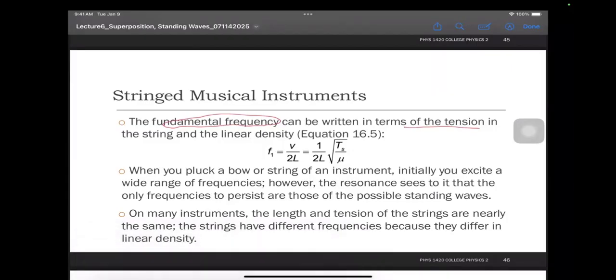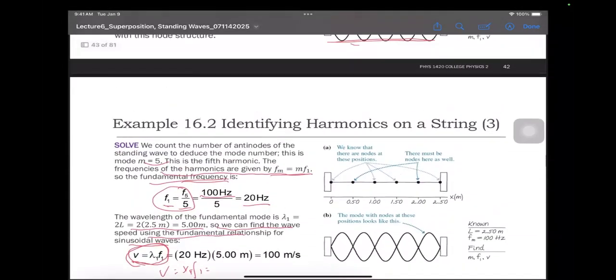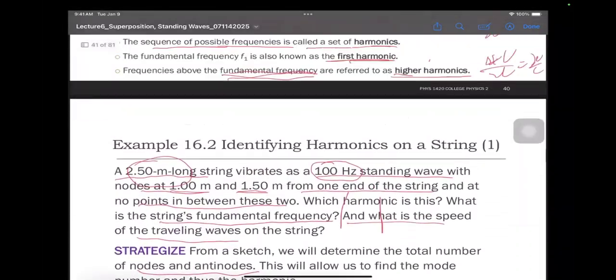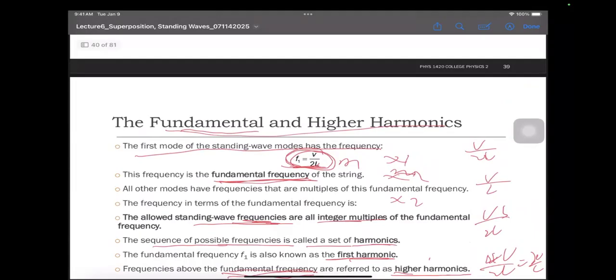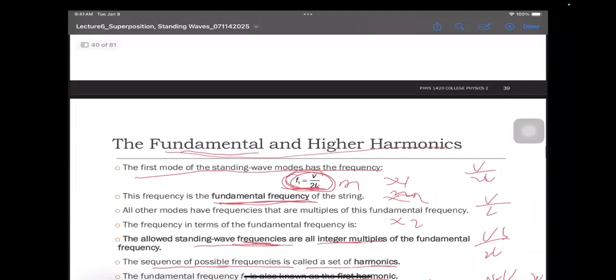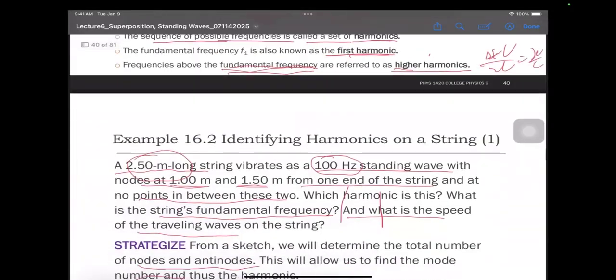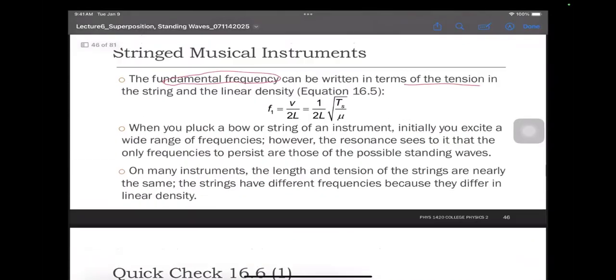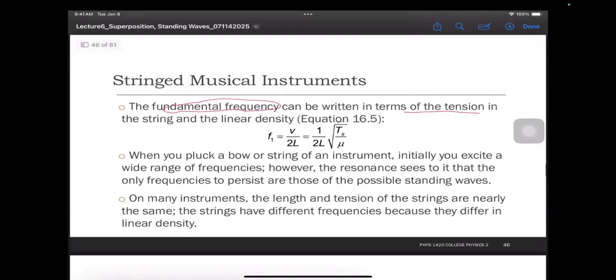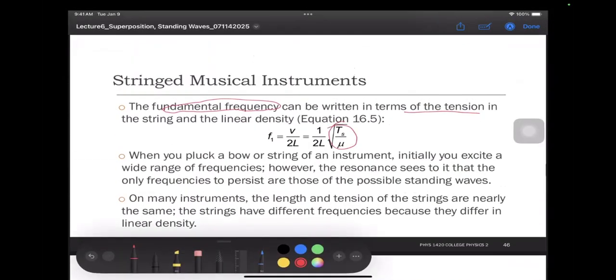You can see here, we know the fundamental frequency is f1 equals v divided by 2L, and we know v can be represented by this expression for a string. We already talked about that last week. If you forgot, you can review that part.